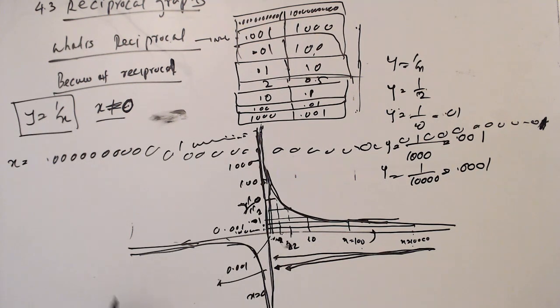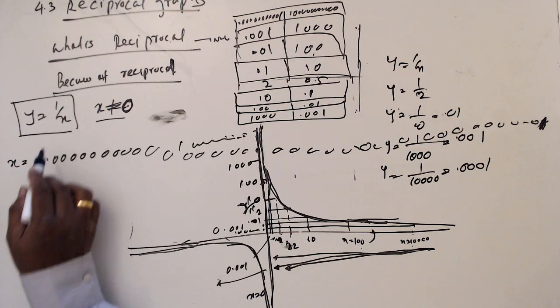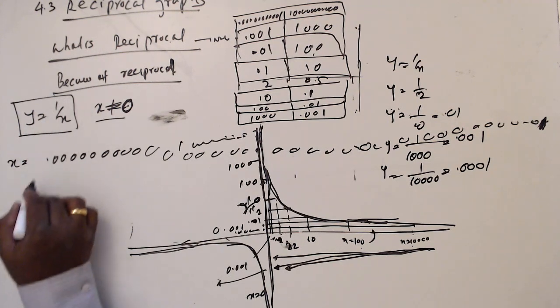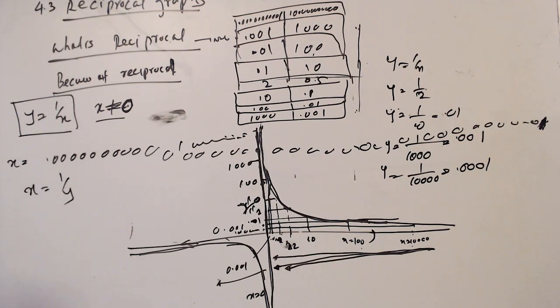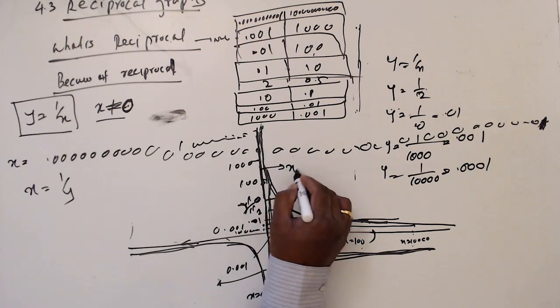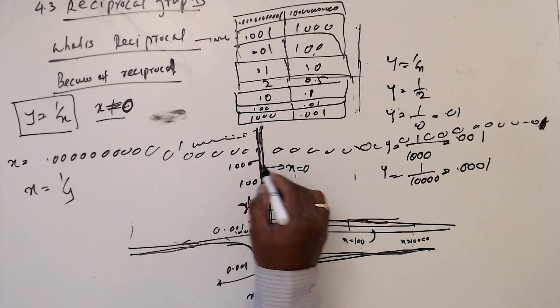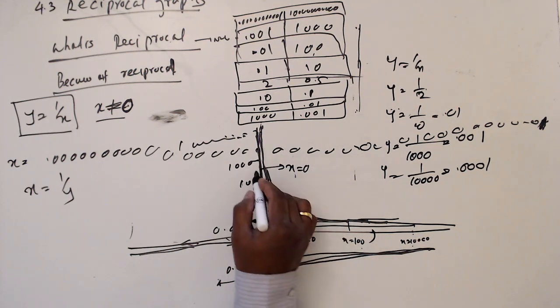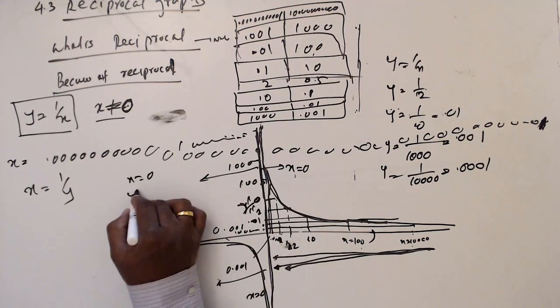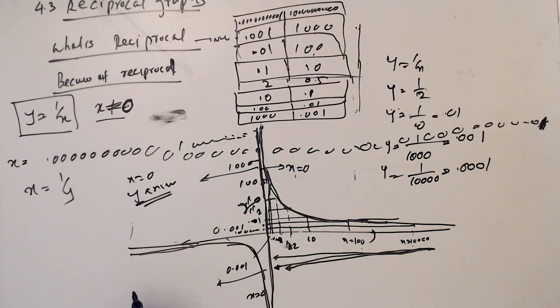But I don't want to confuse you. Can I cross multiply this one? I can write y equals 1 over x, so x equals 1 over y. Now we know x equals 0 is an asymptote, which is the y-axis. The x equals 0 line means the y-axis. The y-axis is an asymptote.